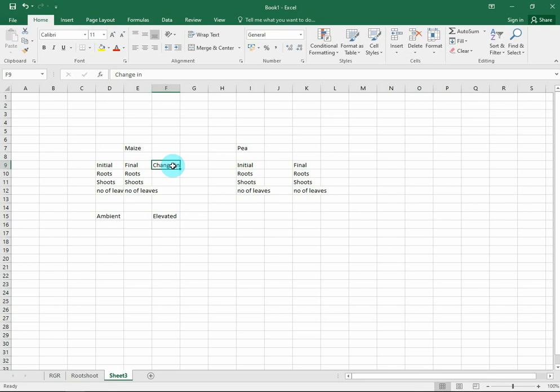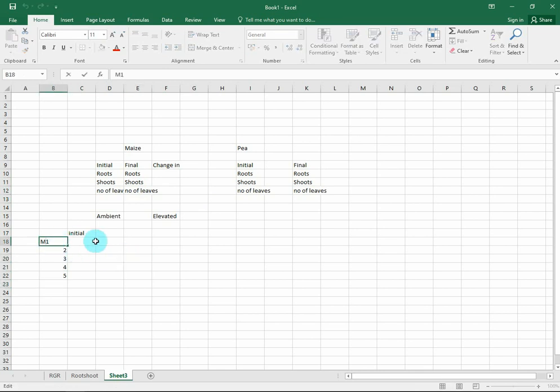If you have a graph, now remember that for initial, for roots, you are going to have 5 points. Under ambient, you're going to have initial for maize 1, maize 2, maize 3, maize 4, maize 5. Yes, great.